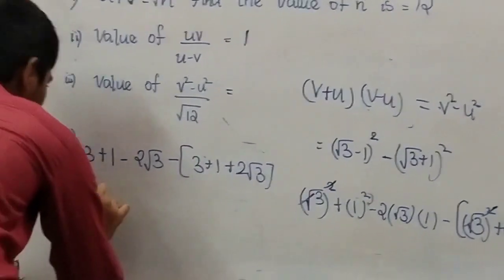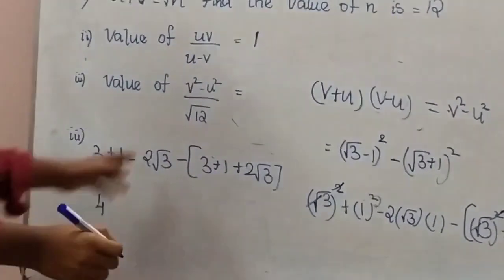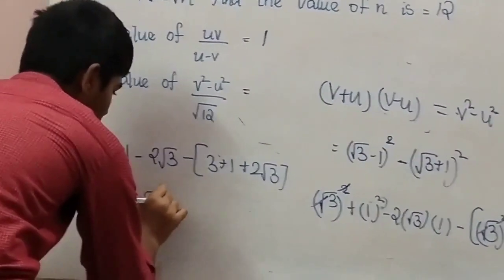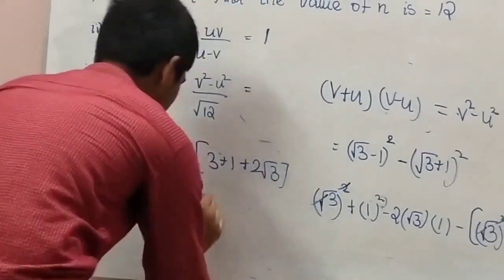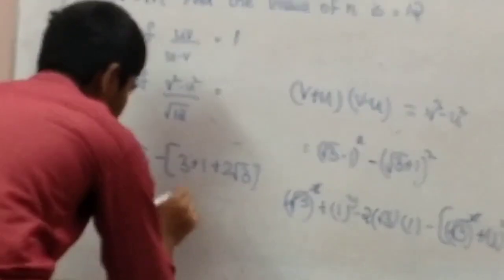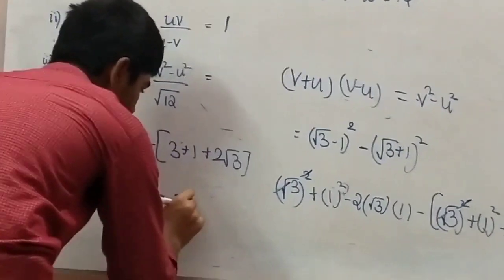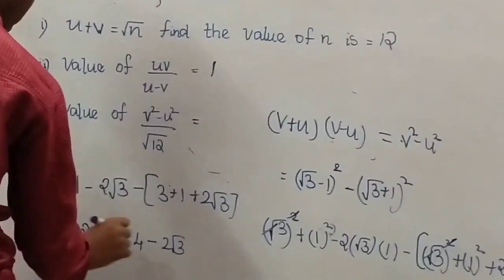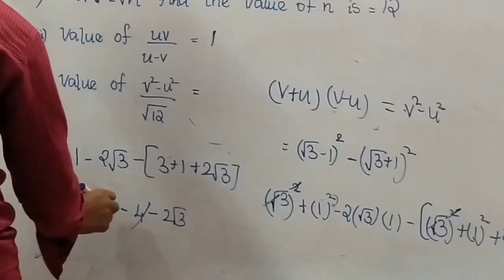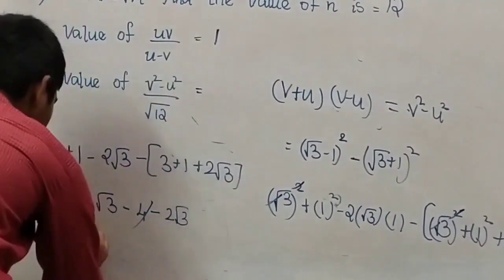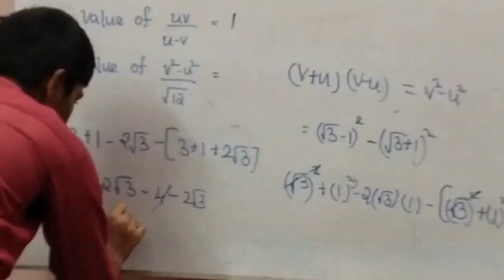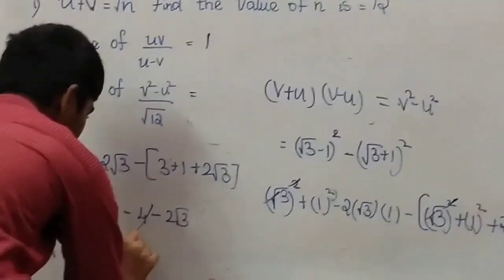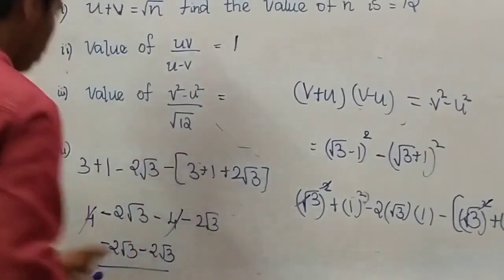Now 3 plus 1 is 4. Changing the sign inside the bracket, minus 3 plus 1 is 4, and minus into plus is minus 2 root 3. Now 4 minus 4 cancel, leaving minus 2 root 3 minus 2 root 3, which is minus 4 root 3. This is divided by root 12.